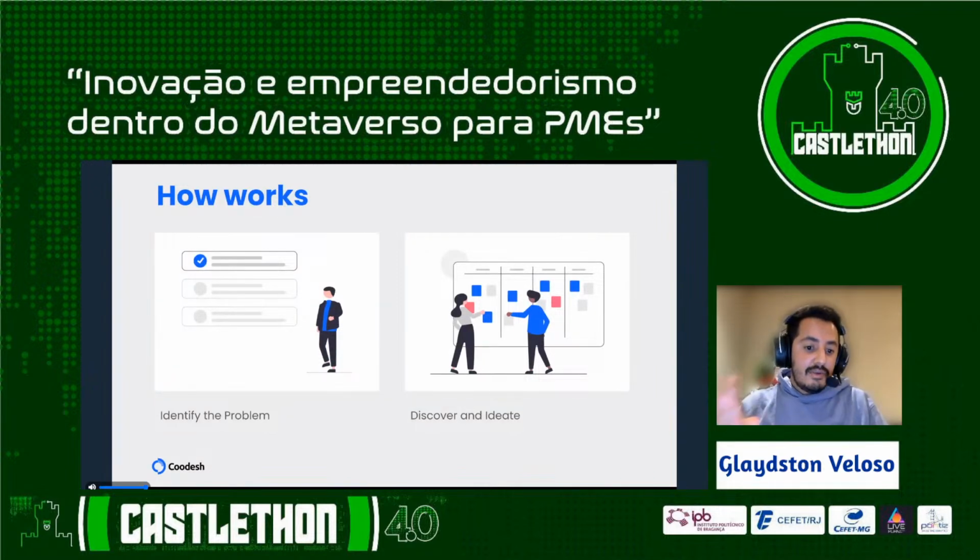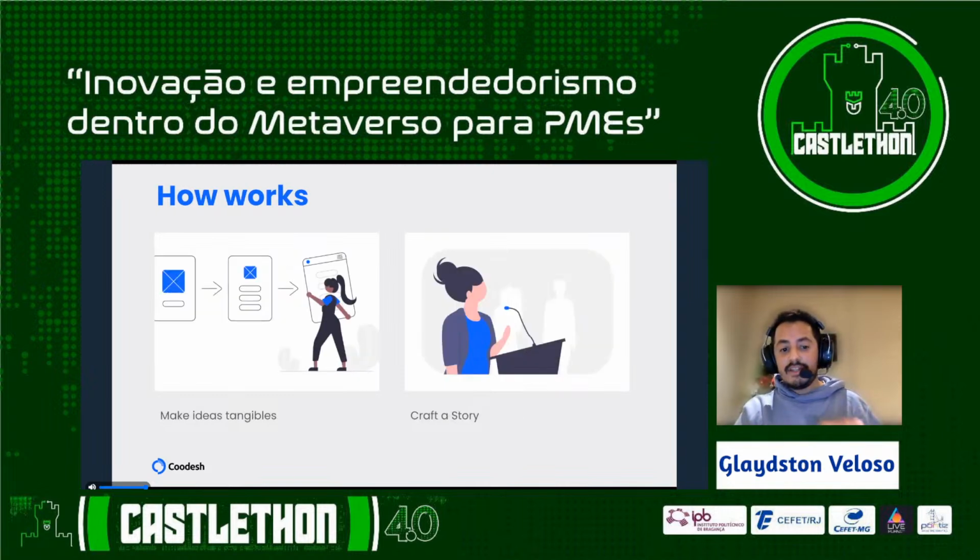And when we identify what they need, we can start to discover and iterate on this problem. Once we have the problem, we can start to discover and ideate the product, iterating on it to make ideas more tangible, as I talked about before.